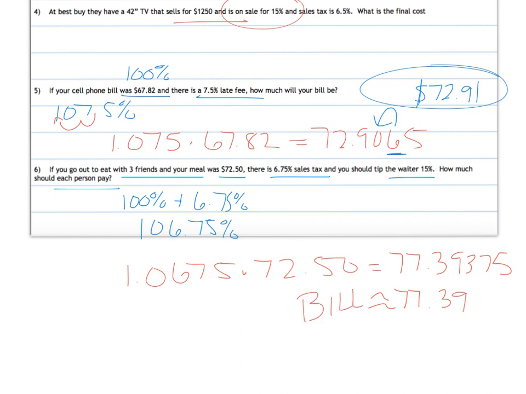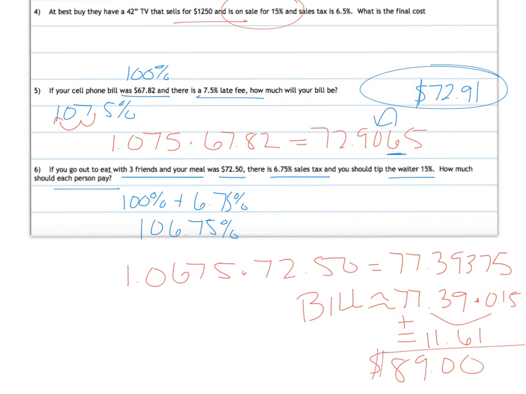That's the bill after tax. And then we want to tip on that. So we want to tip 15%. So this is where you could do 15% and add. So our tip is going to be 15% of this after I multiply. So we're going to tip $11.61. So then I add that to the bill, and then I realize that we're paying $89 total with the tax and the tip.